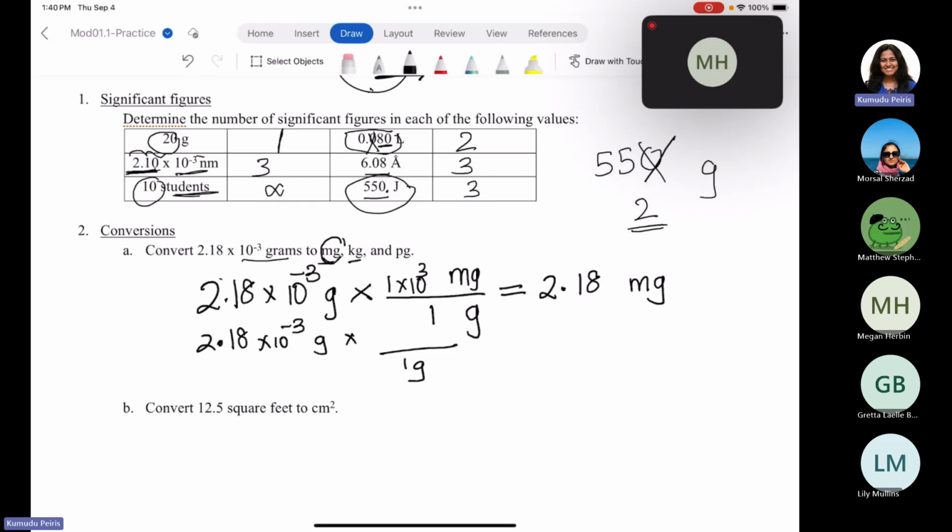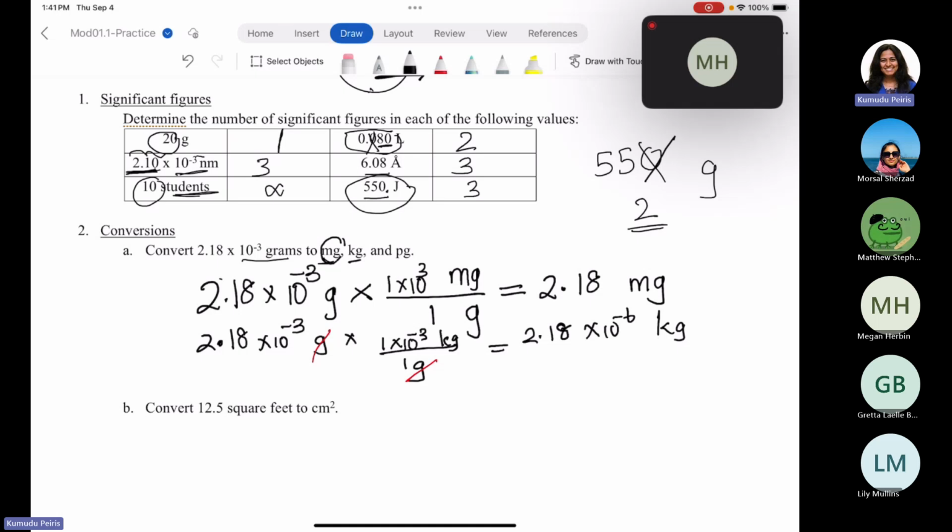So 1 gram equals 1 times 10 to the negative third kilograms. Right. So then the answer will be 2.18 times 10 to the negative 6. You will see here the grams to grams cancel out, and we'll get the answer in kilograms.